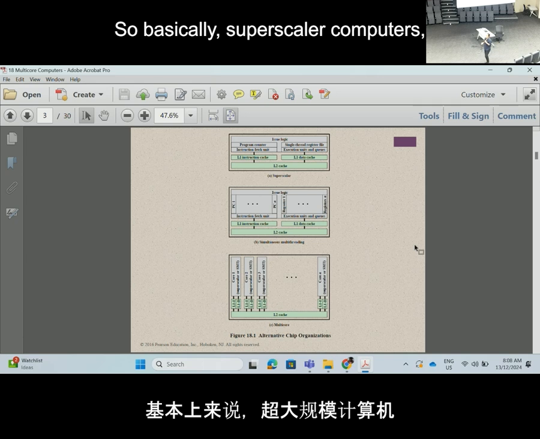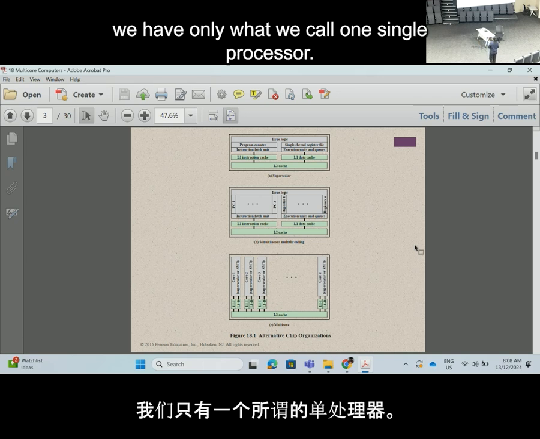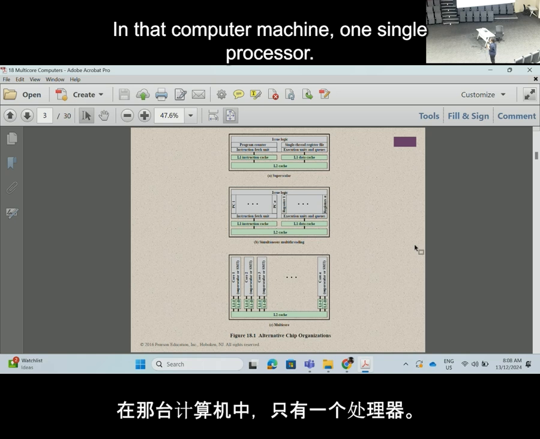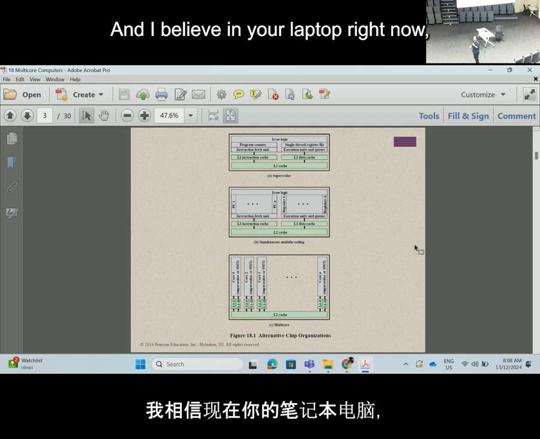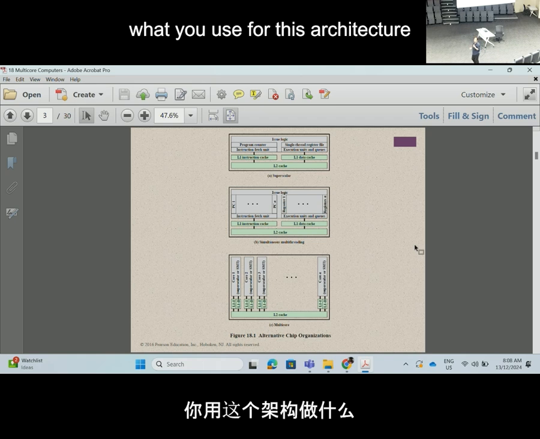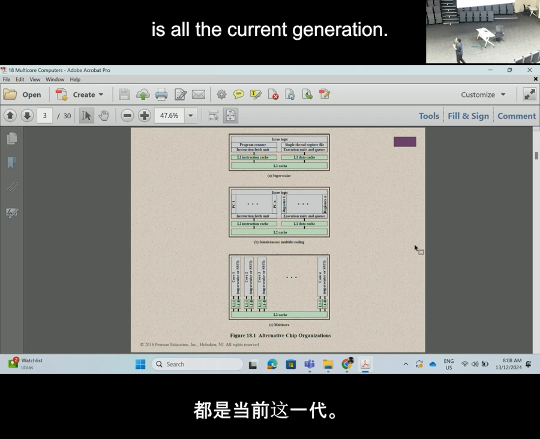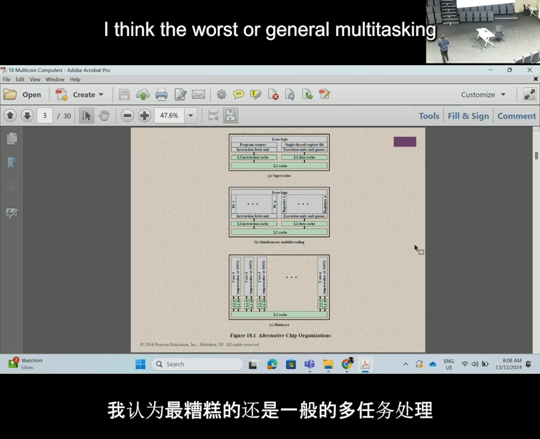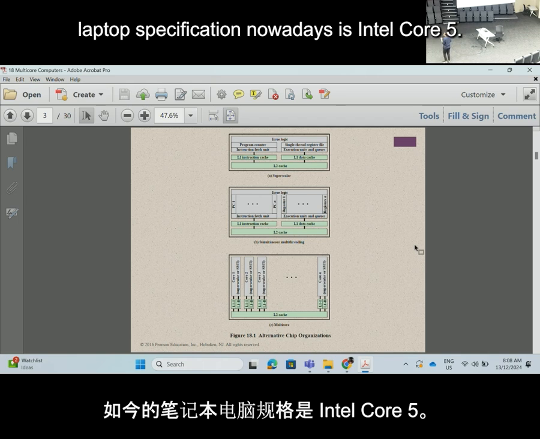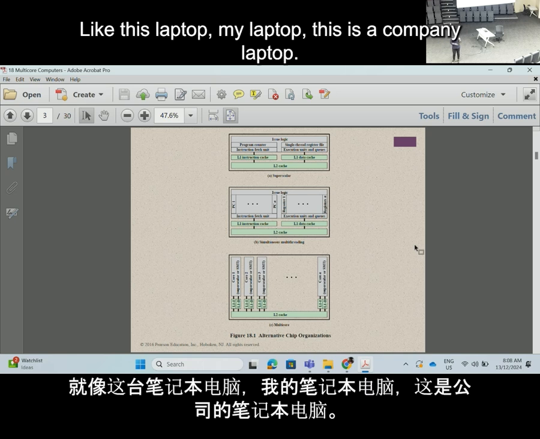Basically, in superscalar computers we have only one single processor in that computer machine. I believe the laptop you use right now has this architecture, as it is all the current generation. I think the general multitasking laptop specification nowadays is Intel Core 5, like this laptop of mine, which is a company laptop.